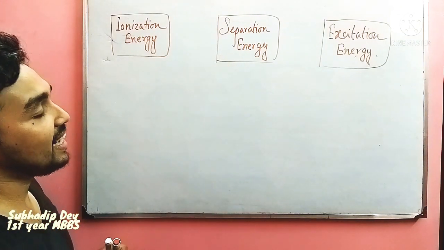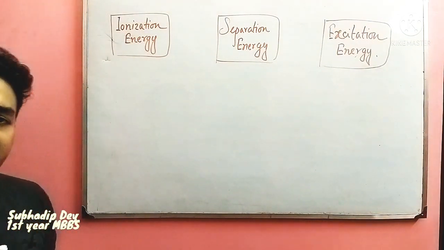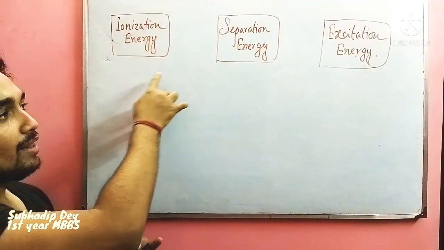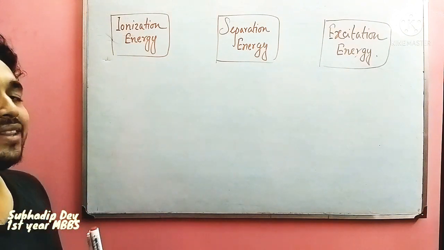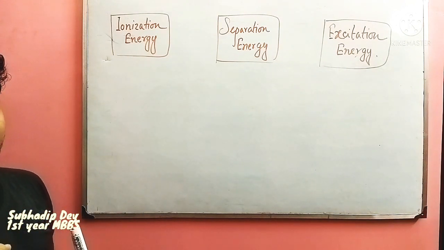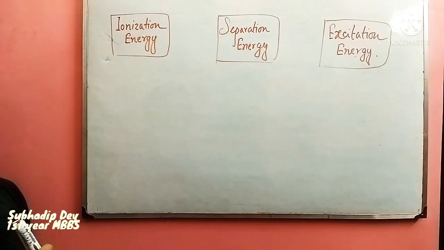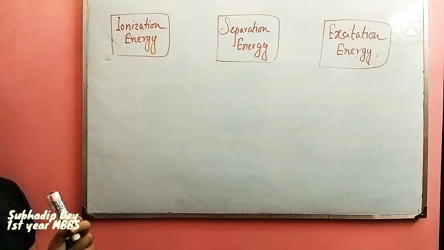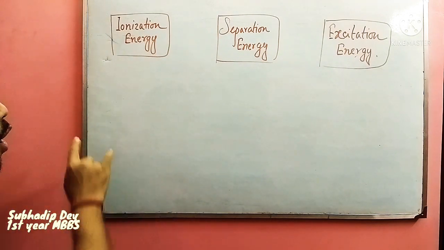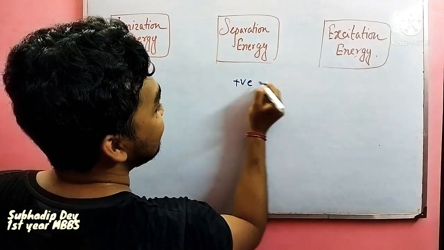Another is separation energy, and the third one is excitation energy. Nowadays I have seen all these three terms in your question paper. So let us take a look at all these three types of energy, and please don't confuse one with another. All these three energies are used to remove an electron from its orbit. So all these three energies are positive in nature.